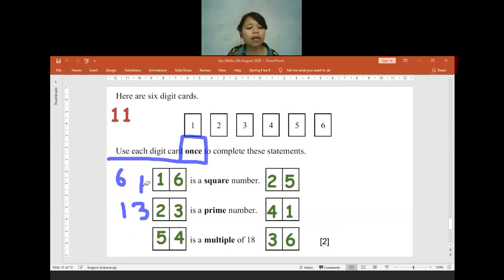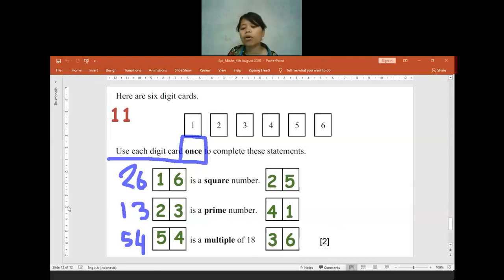Maybe I can take 54 as the multiple of 8. This is 54. So the leftover will be only 2 and 6, but 26 or 62 is not a prime number. So if I take this kind of combination, this will be wrong, because 26 is not a square number.